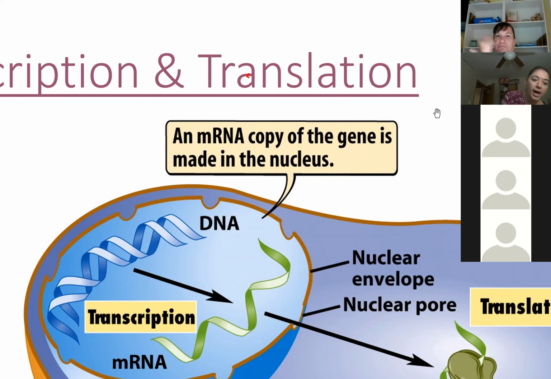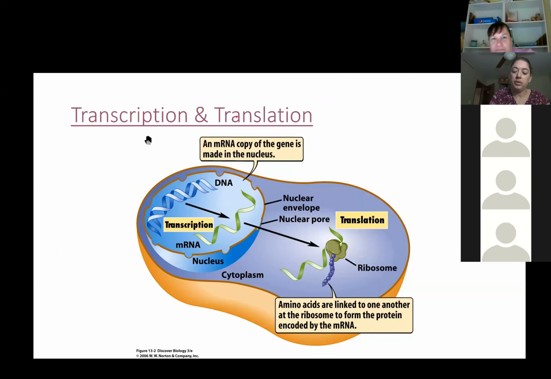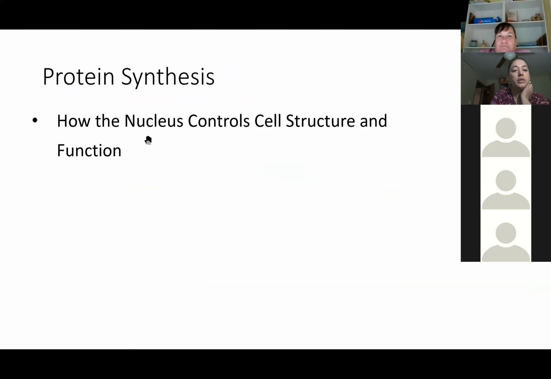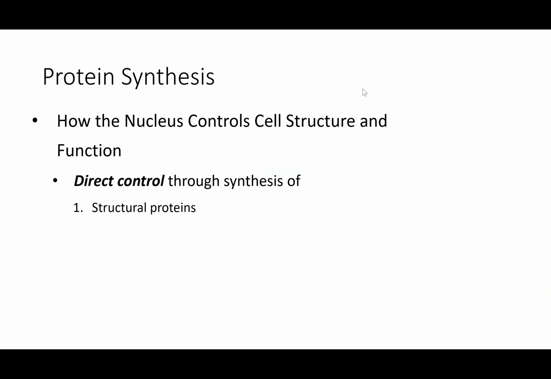So we got a request to go back to how the nucleus controls cell structure and function. So let's see if we can go back to that real quick. So how the nucleus controls cell structure and function: it's either direct control or indirect control.